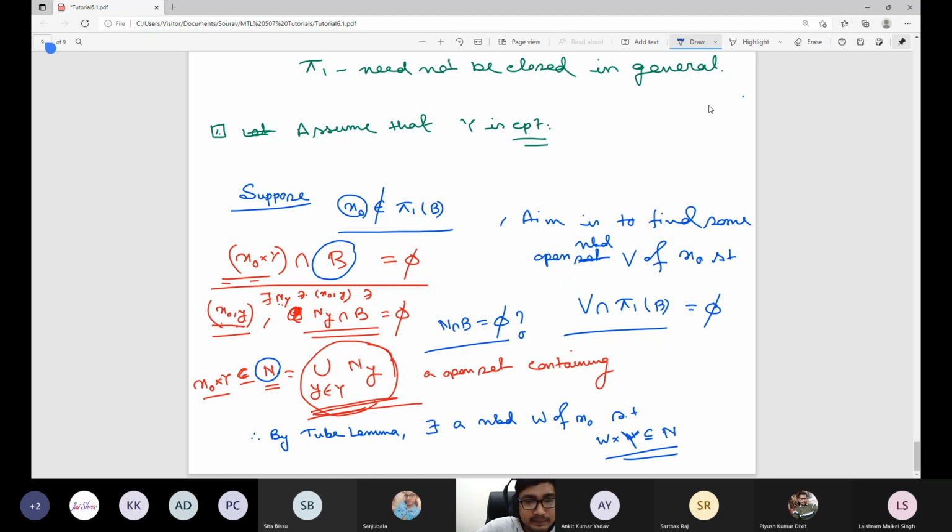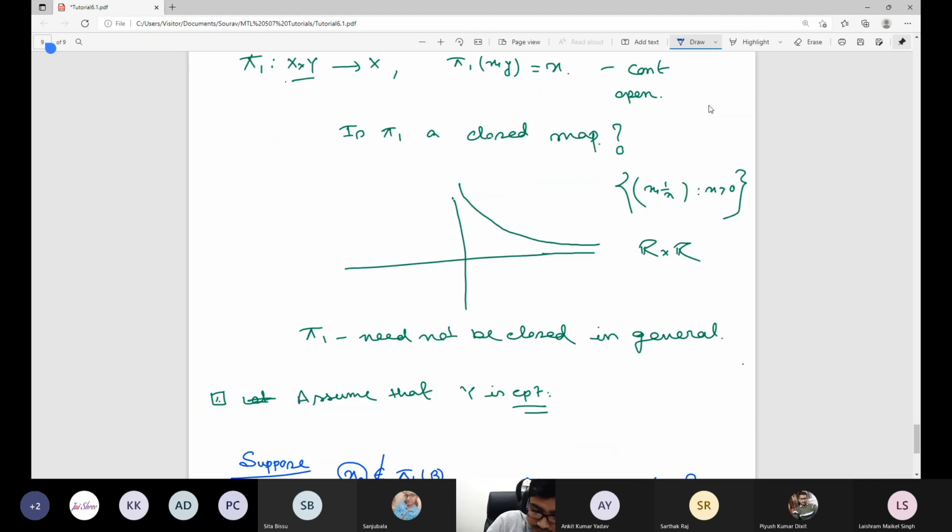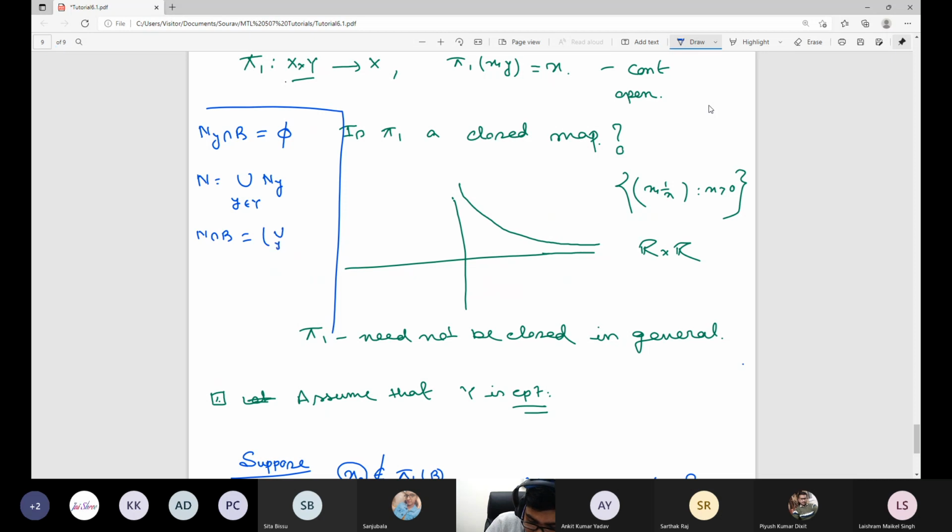Look here, Ny intersection B was empty, and N was the union of Ny over y in Y. Then what about N intersection B? This is the union over y in Y of Ny intersection B. This is empty for each y, and therefore it is empty.